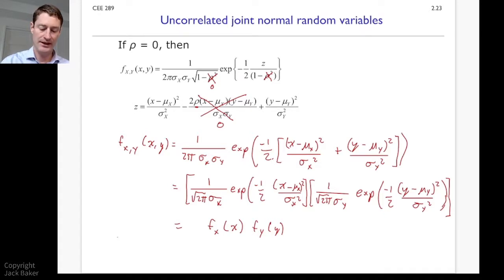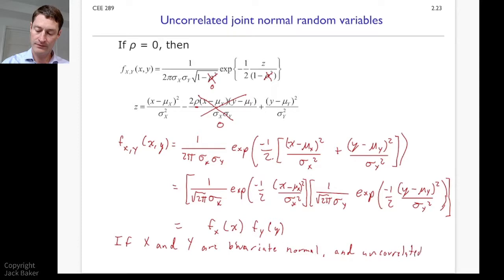So what we can say is that if the random variables x and y are bivariate normal and uncorrelated, then they are independent.